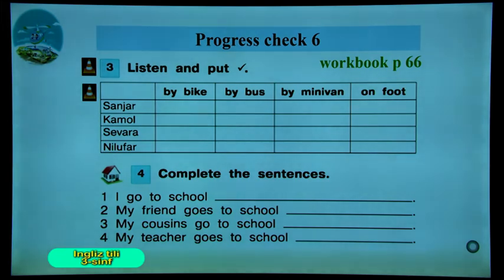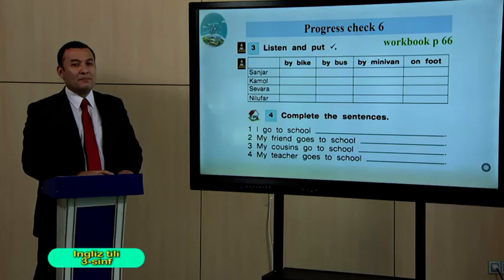Here, Sanjar, Kamal, Sevara and Nilufar. And they are going to school or somewhere by bike, by bus, by minivan or on foot. Have you read? O'qib bo'ldingizmi? If you have read, let's listen.